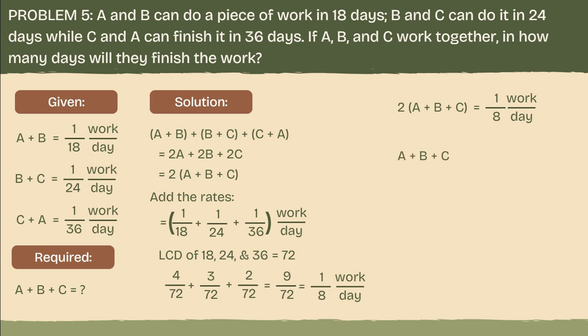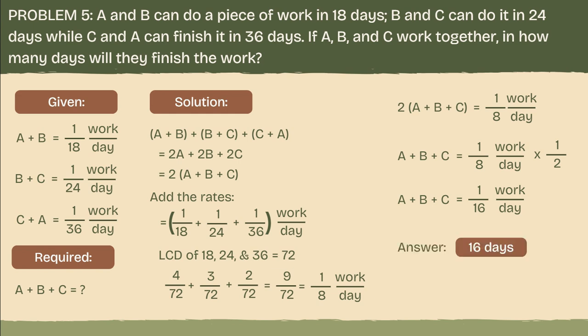So, we need to divide both sides of the equation by 2 to get their actual combined rate. Dividing both sides by 2, we get A plus B plus C equals 1 over 8 work per day times 1/2. That gives us 1 over 16 work per day. Looking at the answer, we can already see that if A, B, and C work together, they can finish one whole work in 16 days.